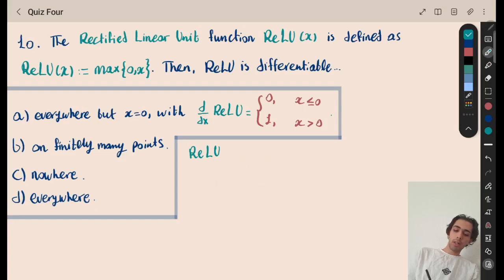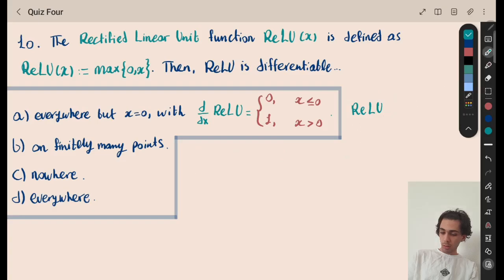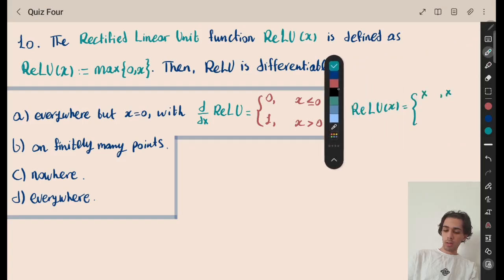I can write ReLU as follows. ReLU of x will give me x if x is greater than or equal to 0. And it will give me 0 otherwise. Or maybe I'll write x smaller than 0.